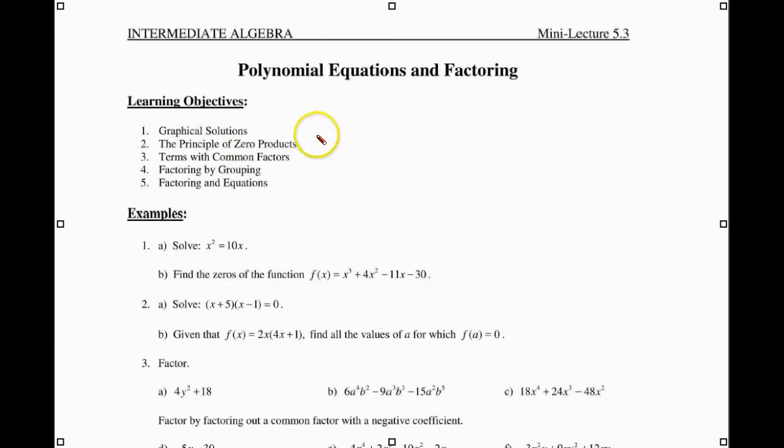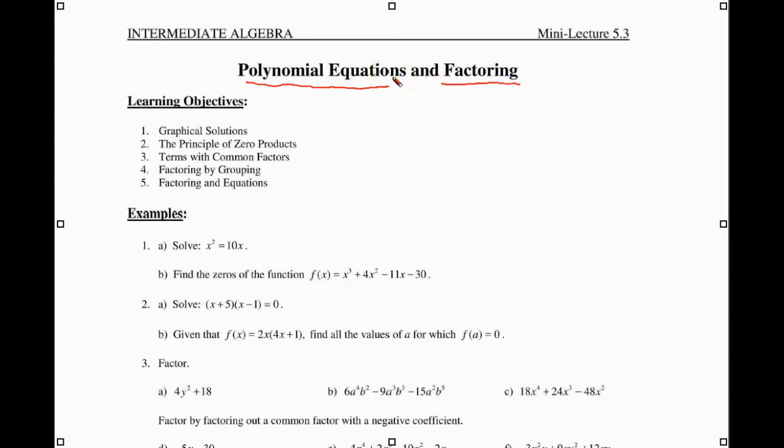Building on what we did in topic 2, we're going on to topic 3, where we will be dealing with polynomial equations, and then we're going to be able to solve them through factoring.